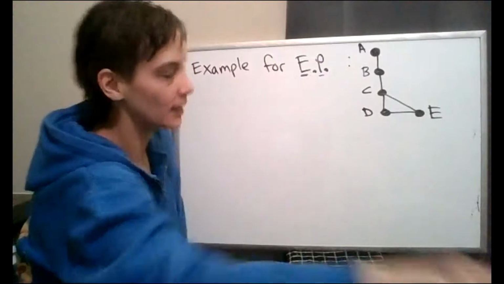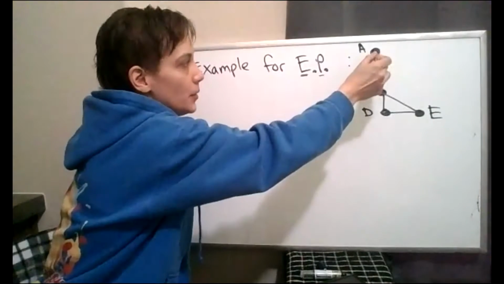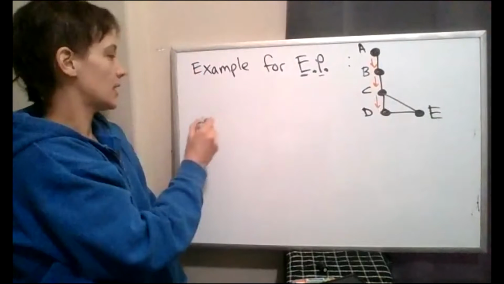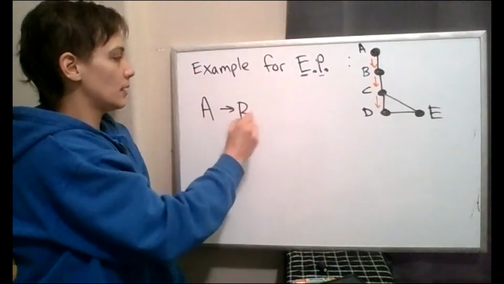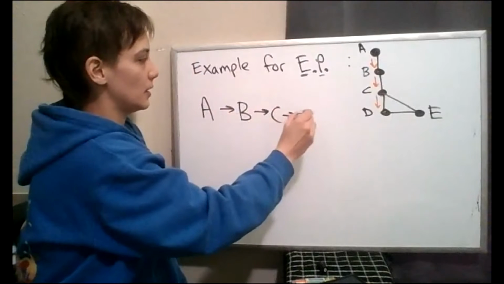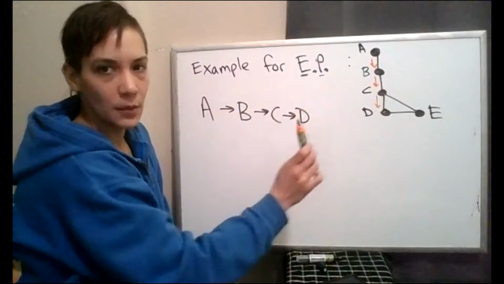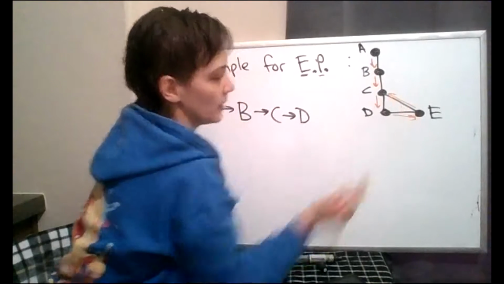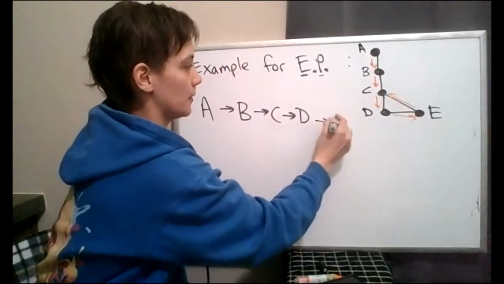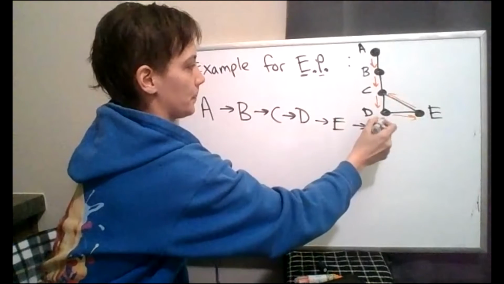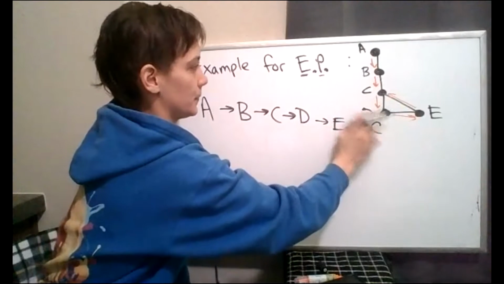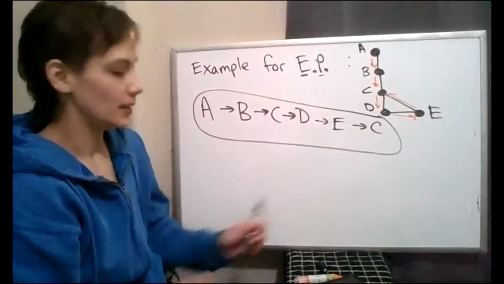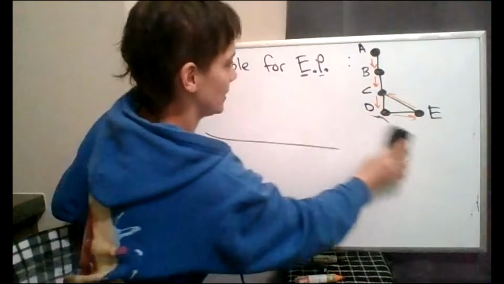I'm going to just start at A and go down to B and down to C and down to D. So my sequence looks like A goes to B, goes to C, goes to D. Then from D, I'm going to go to E, and I need to cover every edge, so let's go over here to C, and that's going to be good. Okay, A, B, C, D, E, C.